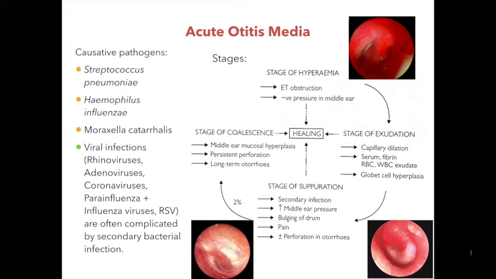Basically, the pathophysiology is that the eustachian tube becomes obstructed as you get mucosal swelling and exudation, causing a negative pressure to develop initially, and then as you have more and more exudate forming in the closed off space, you suddenly get significantly increased pressure at the suppurative stage, and this leads to bulging of the drum and severe pain. And then eventually this can either resolve or it can coalesce, and you end up with long-term problems, which we'll get to in a second.